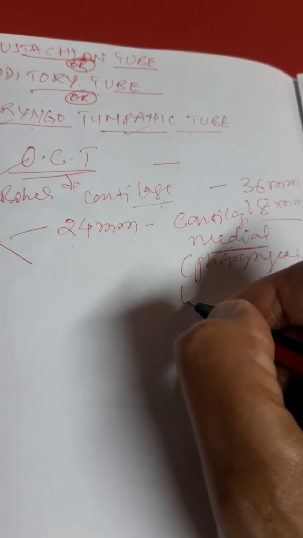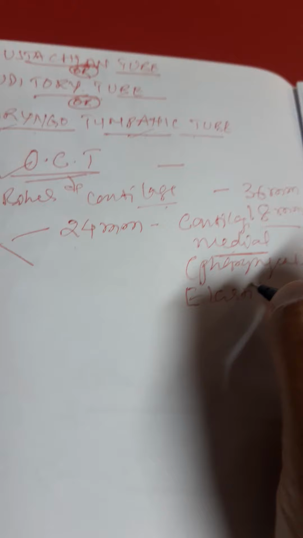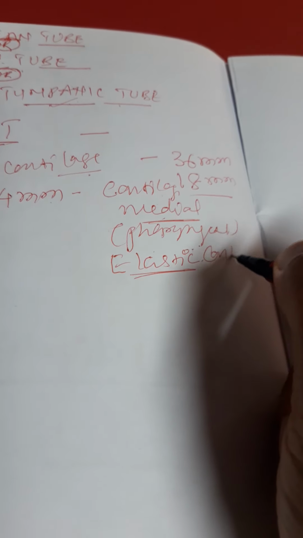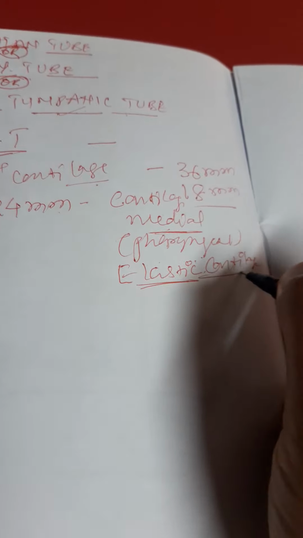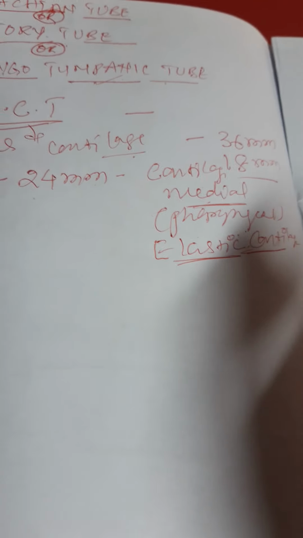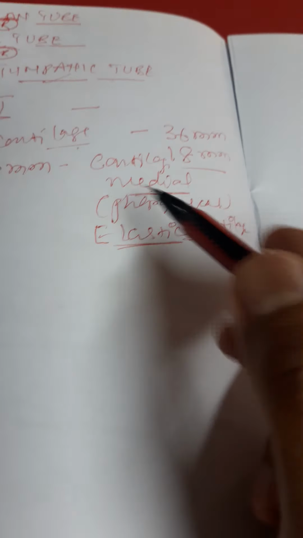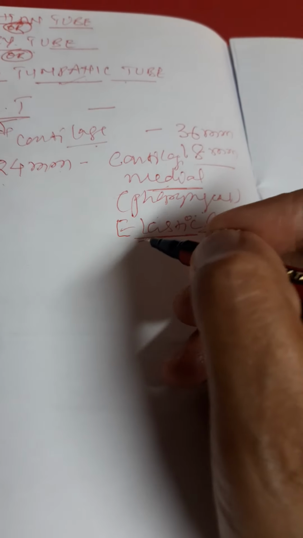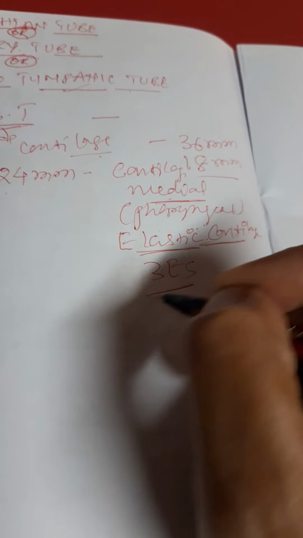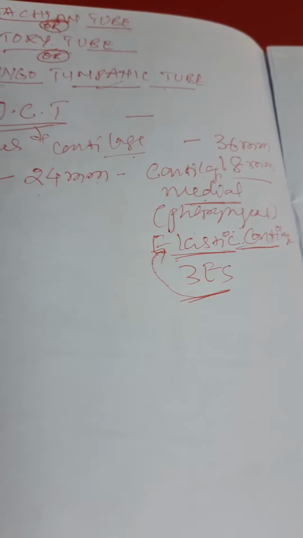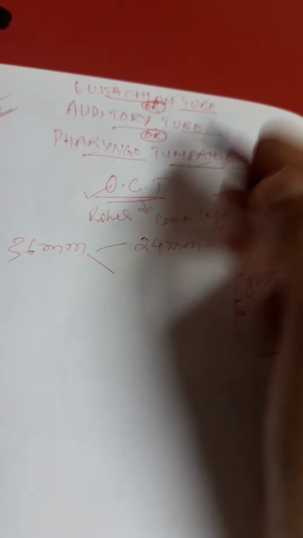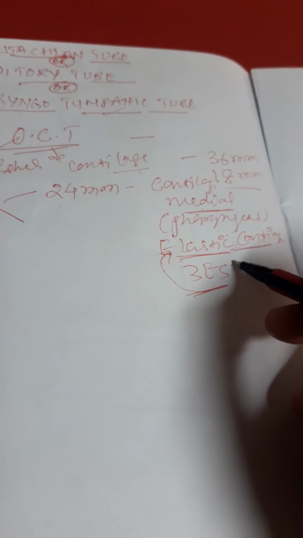What type of cartilage is present here? When we were talking about examples of elastic cartilage in the histology of cartilage class, we gave 3 examples: one was your eustachian tube, the other was your external ear, and the third was the epiglottis. All 3 E's are the best examples for elastic cartilage.